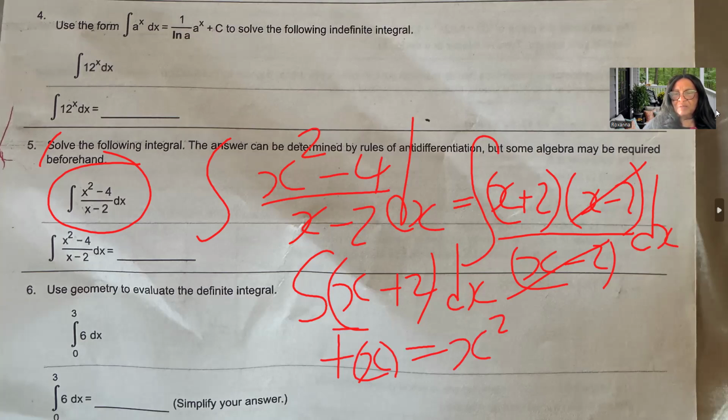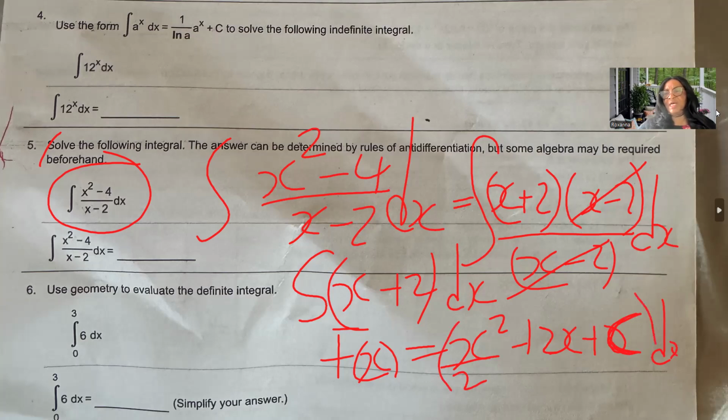So you have x to power 2, this is 1, plus 2x plus 0. Okay, and then you remember that you are going to also put that in the denominator. Okay, plus c, and that's c. We don't know what c is because it's an indefinite integral, dx.